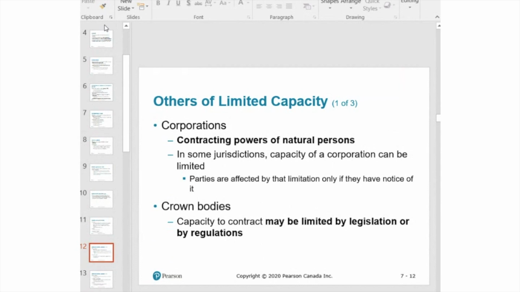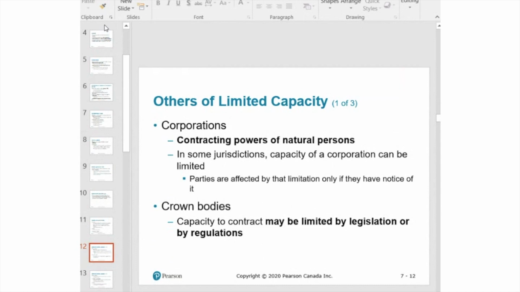So whatever the shareholders decide, they are actually limiting the capacity of the corporation. If there isn't such a limitation, then the corporation has full contracting capacity. But if there's a limitation in the corporation's documents, then that limitation has to be complied with.